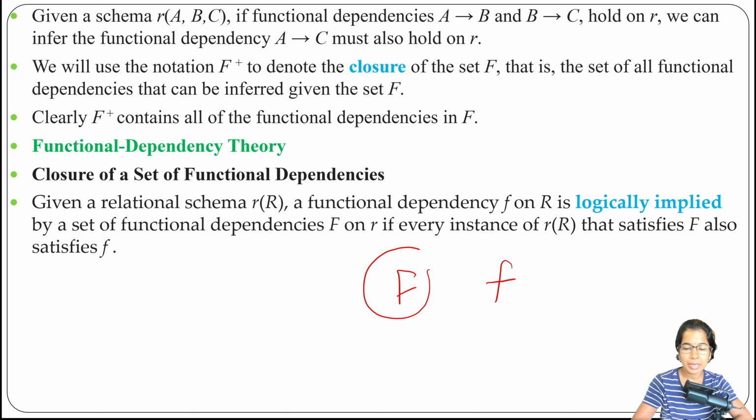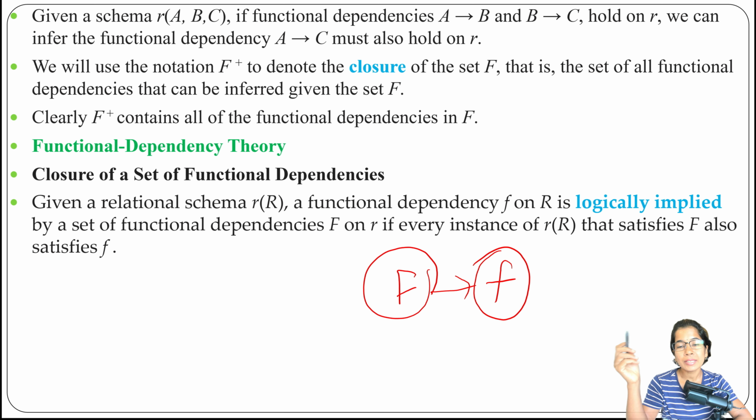Finding another set of functional dependencies from a set is called logically implied. Given a relation schema R, a functional dependency f on R is logically implied by a set of functional dependencies F on R if every instance of R that satisfies F also satisfies f. Means if it satisfies the old functional dependencies, then it must satisfy the new set.